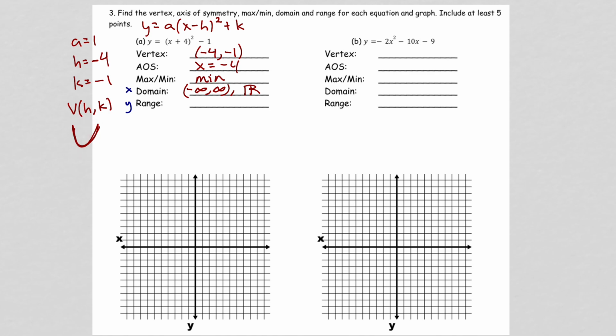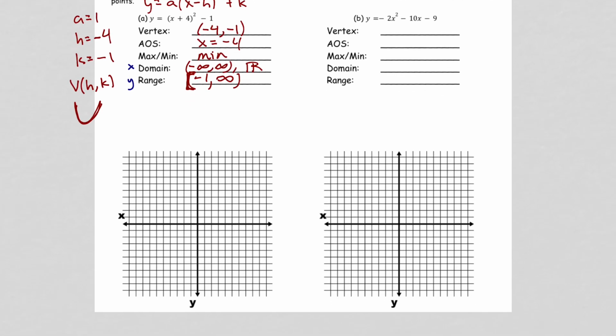I have to change over to a pen. So we write negative 1 to infinity. I should specify this is a bracket because it includes that negative 1. All right, now let's go ahead and graph.